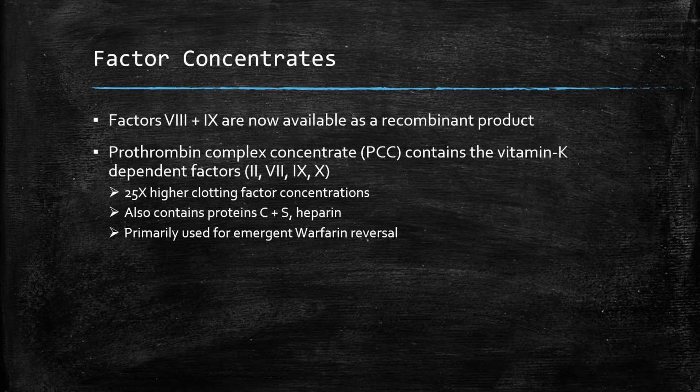Also contained within this product are protein C and S and some heparin. This product has been extremely valuable in the emergency setting where a patient comes in fully or overly anticoagulated on Coumadin and requires an emergency surgery or emergency reversal in a trauma setting.